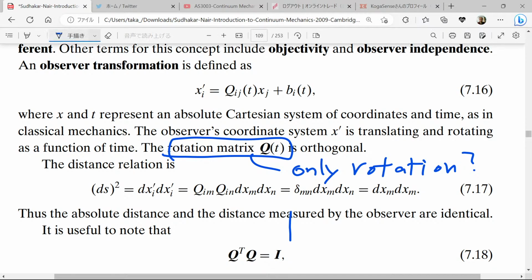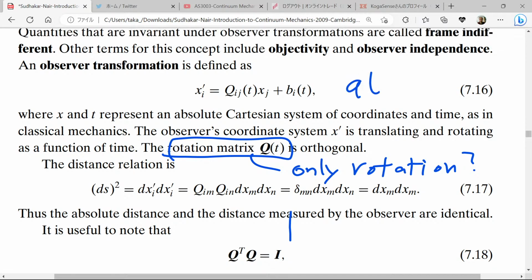We are considering a constant t, at some instant t. So t is a constant, t is fixed.